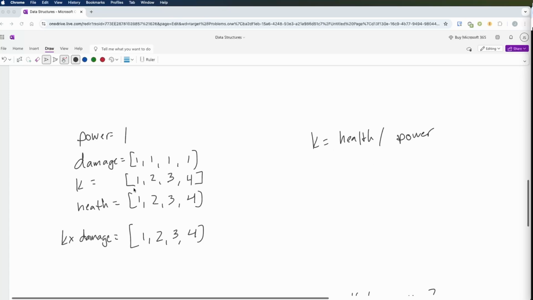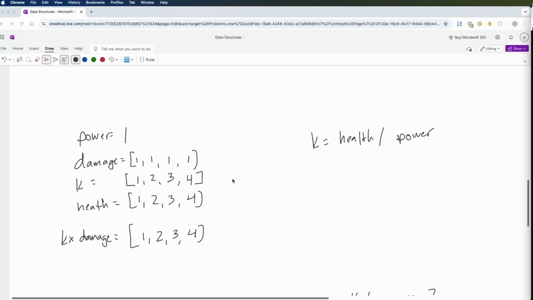Multiply this. This is basically the number of turns they get times the damage.